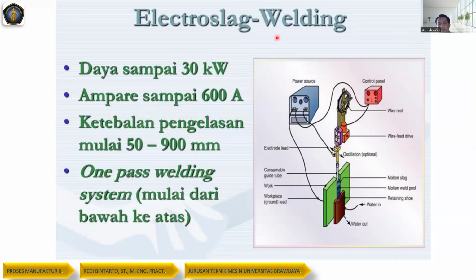Okay, and then electroslag welding. In here, they're using slag. The power is 30 kilowatts. The current is 800 ampere. The thickness of the welding specimen is around 50 to 900 millimeters, and it is only one pass welding system from the bottom to the top.